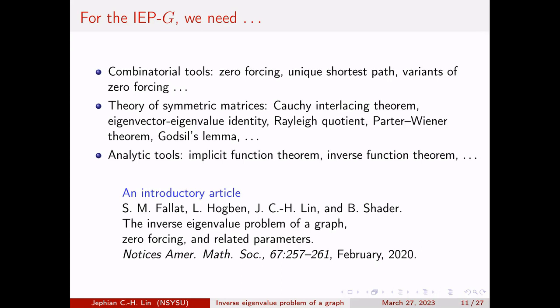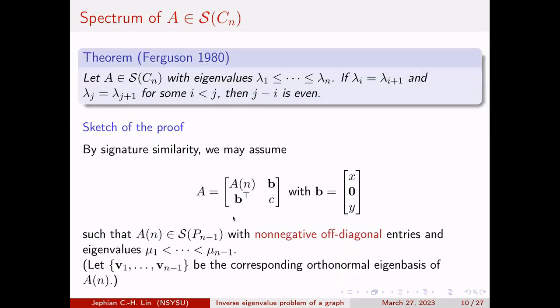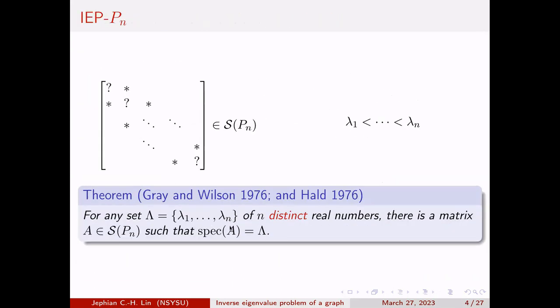But I did not tell you how to construct this matrix. Going back to these results, somebody showed that whenever you give me these real values, then I can find the matrix. But how? Now I want to put some effort into telling you, whenever you give me some numbers, how can I find the matrix?